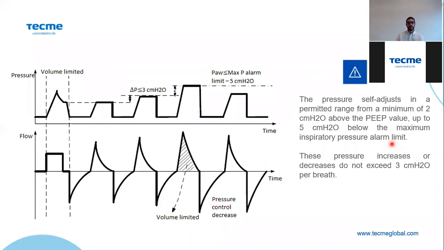But if with this pressure, for example 35, the preset tidal volume cannot be reached, the ventilator will give you an alarm, and it will indicate that this target tidal volume cannot be reached. So it is important here to set the alarm limit correctly, okay?